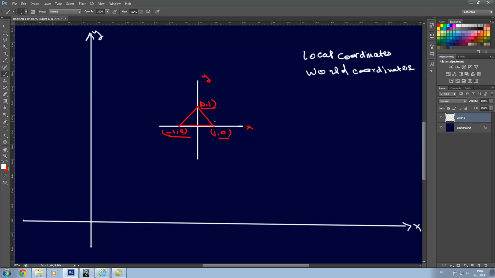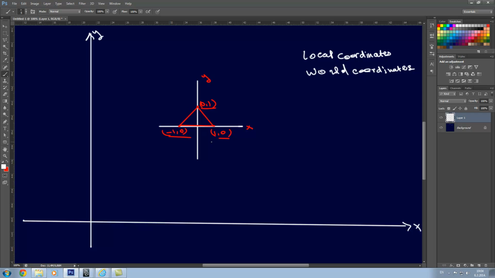Right now, this is the world coordinates, and this is the local coordinates of my object. If I didn't define these huge axes, which define my world coordinate system, you will always think that the triangle exists just only here, is it?